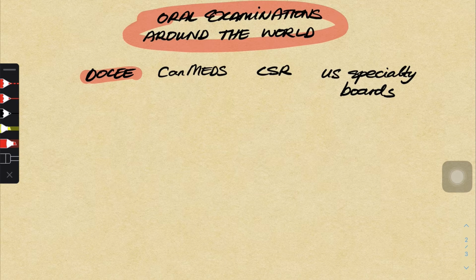It is reported in the literature, and there are findings regarding the DOSI, as well as the CAN-METS. They have documented and researched the use of oral examinations, for example in the ITER, the in-training evaluation report, as well as the CSR, the chart stimulated recall examination. Please read about it.